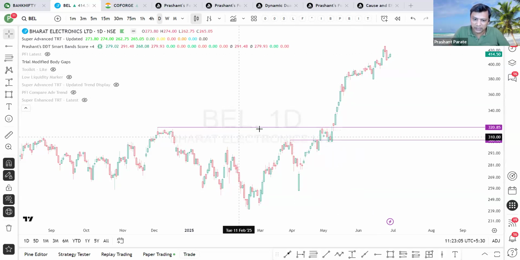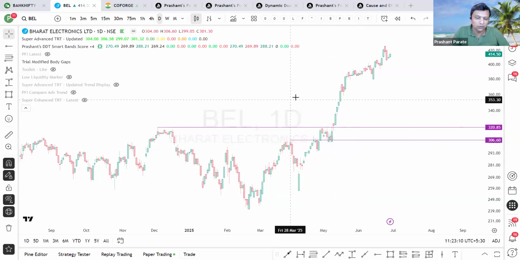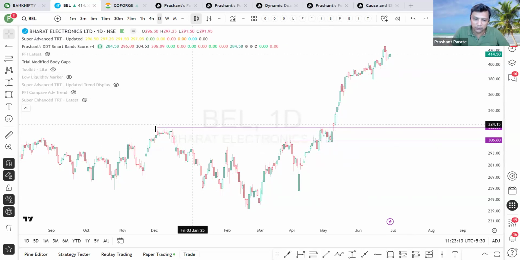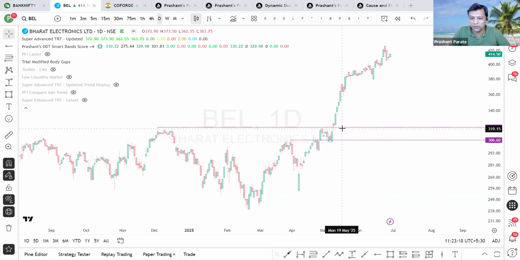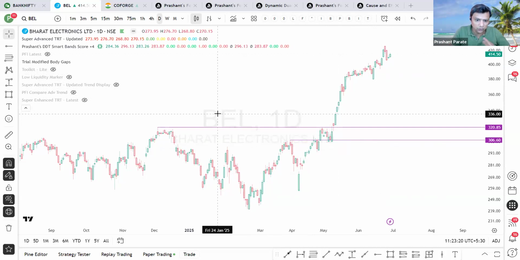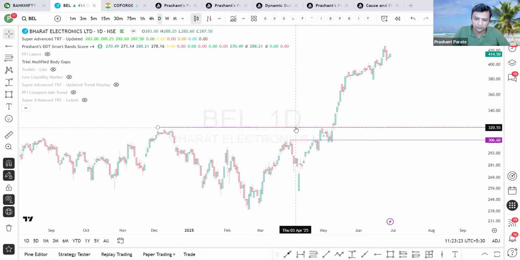If you buy futures and sell call, what happens? Your futures profit will not be good because you have bought future but you have locked the profit at 320, and from here it went 100 points, but how much is your profit? Maybe 10 or 20 points even after buying future because you locked it with selling call.